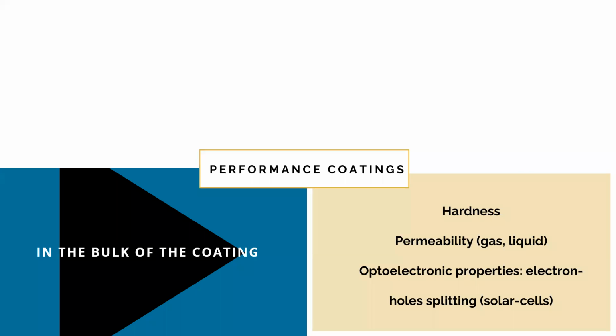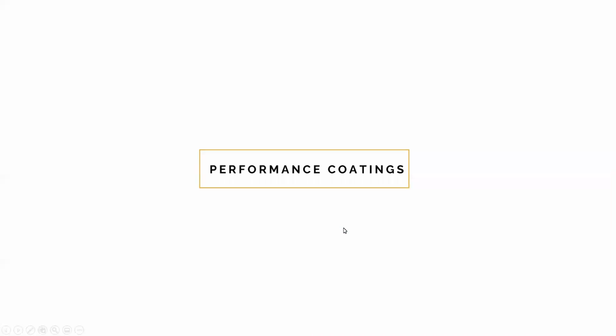And some, a little bit more on the electronic side, optoelectronic properties: some solar cells require that sunlight gets into that coating and splits the electrons and holes, and that's what makes the electricity run through the material. So those are the two aspects: where is it happening? Is it at the surface or in the bulk? And those are basically what we just talked about.